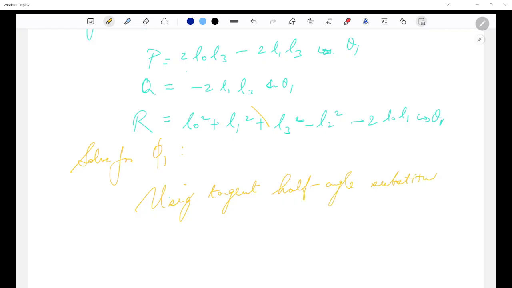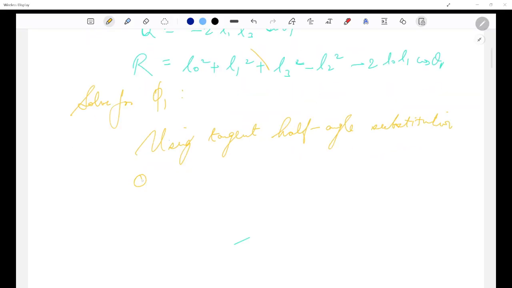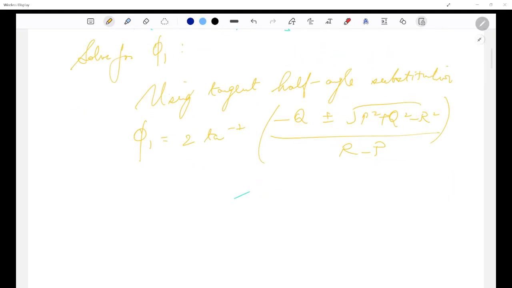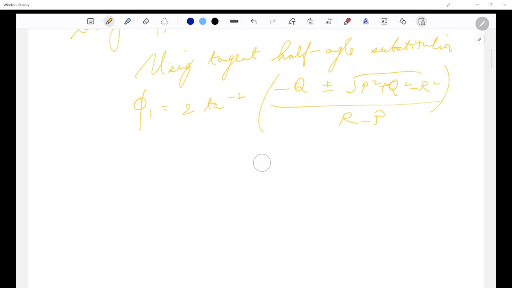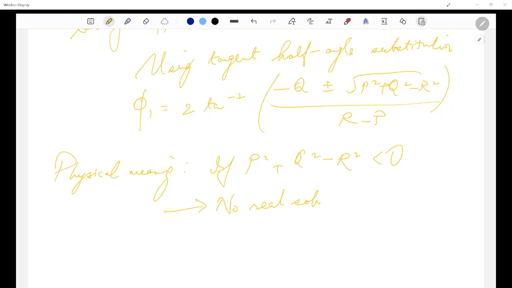We write phi 1 is equal to 2 tan inverse of minus q plus minus under root p square plus q square minus r square, upon r minus p. Okay, and what is the physical meaning of this? If p square plus q square minus r square is less than 0, that means no real solution is there and the mechanism cannot assemble.